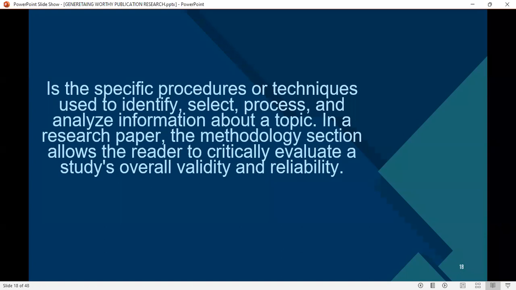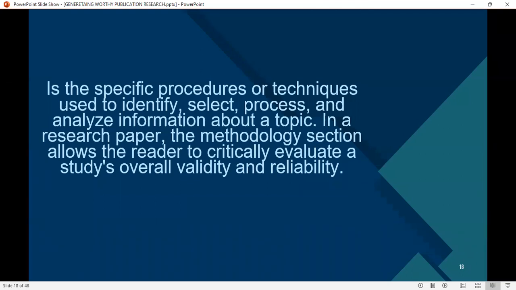Methodology is the specific procedure or techniques used to identify, select, process, and analyze information about a topic. In a research paper, the methodology section allows the reader to critically evaluate a study's overall validity and reliability.